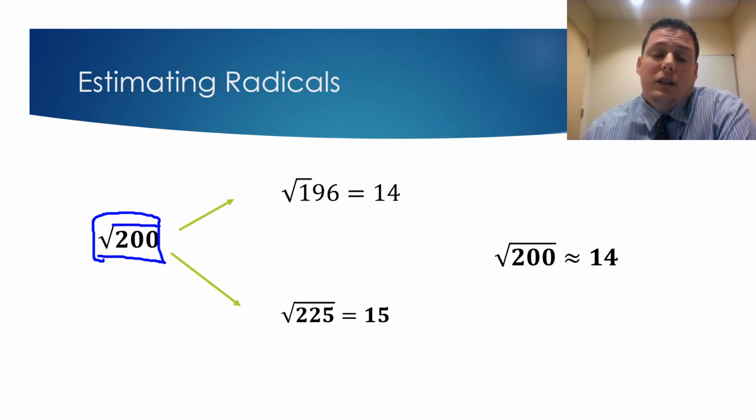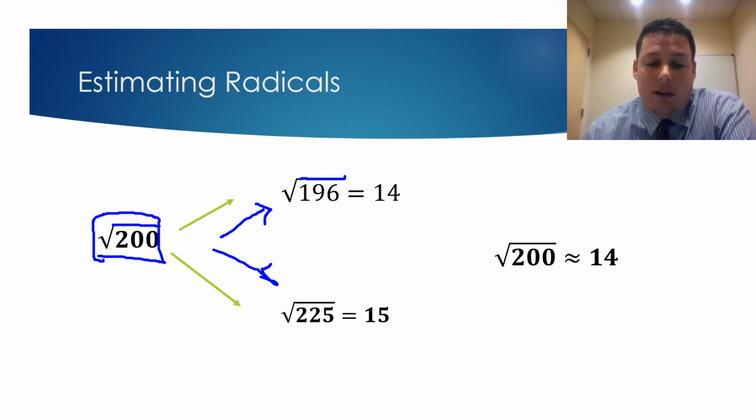But if we're trying to do something quickly and not plugging it into our calculator, and we know our perfect squares, we know that 200 falls between 196, which is up here, and 225, which is down here. They're the next closest perfect squares.